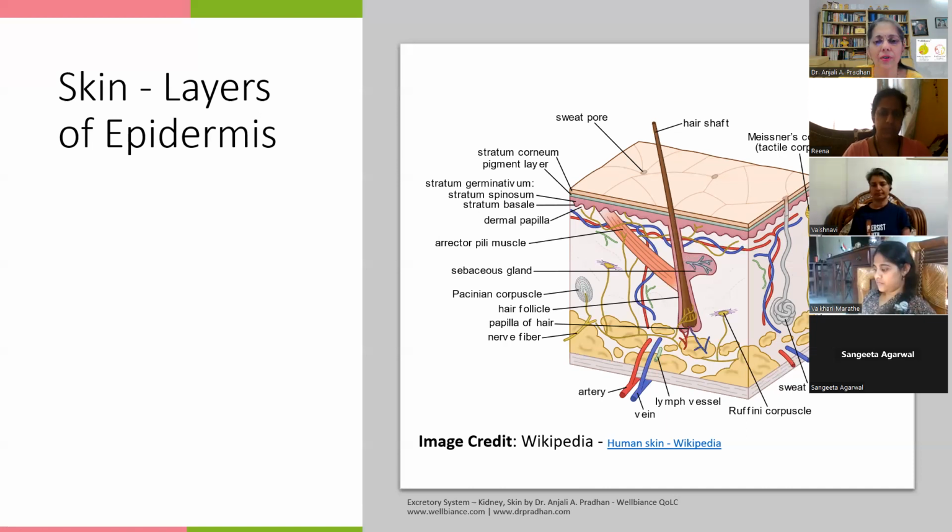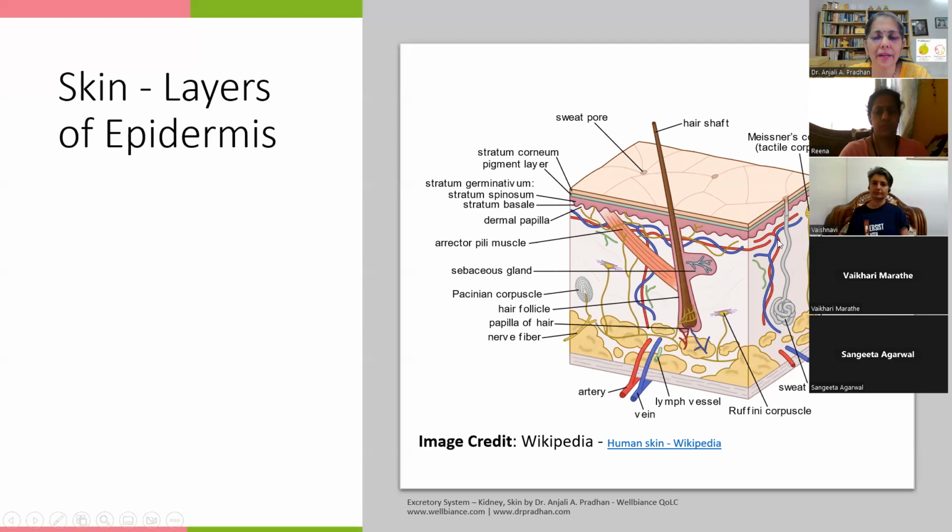Okay. Along with nerves. These arteries and veins are also present in dermis. And generally artery is represented by red color, vein is by blue color, and nerve is by yellow color.